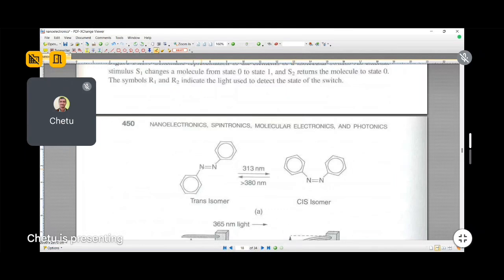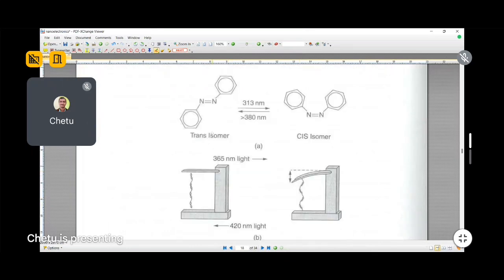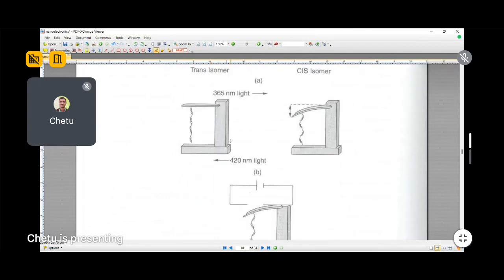So, this is an example of how it changes between the trans isomer and the cis isomer. This is azobenzene, and when light of 330 nanometer falls, the trans isomer changes into cis, and it comes back to the original position. Now, using light and this kind of arrangement, this system can act like a transistor or a switch.